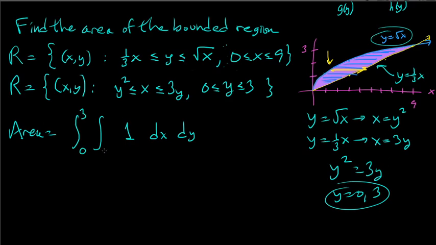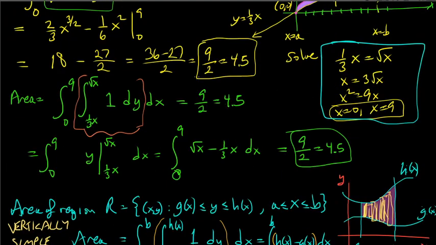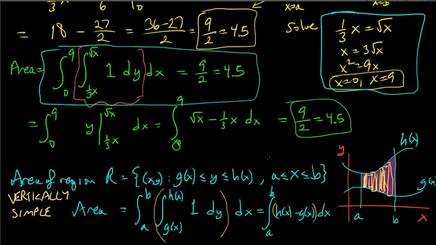And what is x doing? It's going from y squared to 3y. And that should give you the same area as before, the one up here: 9/2.